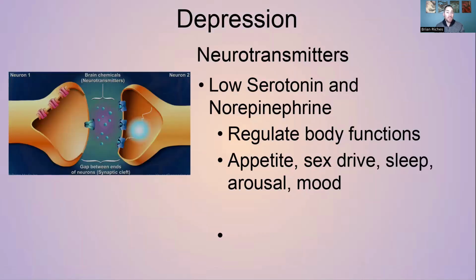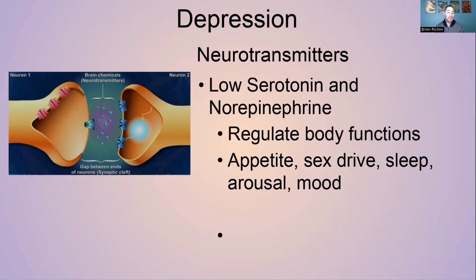In addition to these specific brain areas like the amygdala and those areas of the prefrontal cortex, we also see some neurotransmitters involved here too. People with depression have lower serotonin and norepinephrine. Each of these neurotransmitters does a ton of things. They don't do just one thing, but one of the things that they do is regulate bodily functions. They're regulating appetite, sex drive, sleep, arousal, mood.